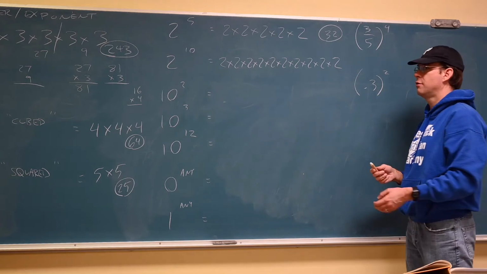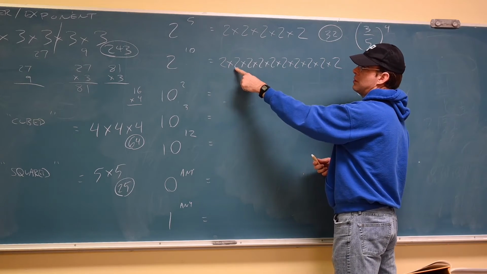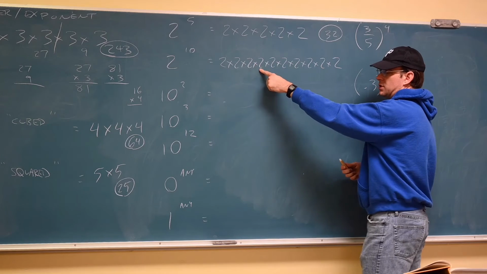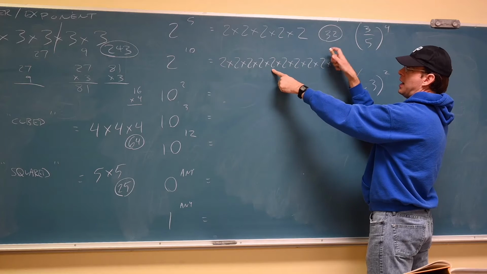Okay, you could go through the whole process and just go times 2 every time. 2 times 2 is 4, times 2 is 8, times 2 is 16, times 2 is 32. That's as far as we got a second ago.